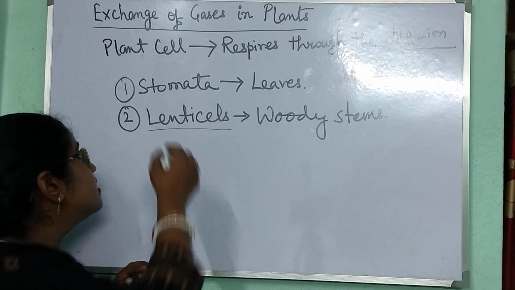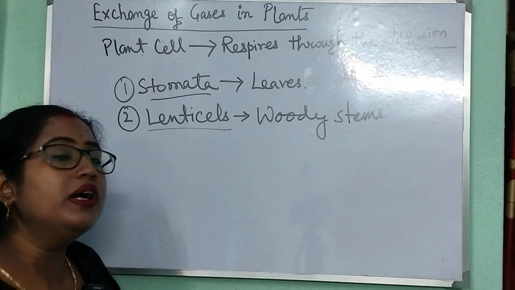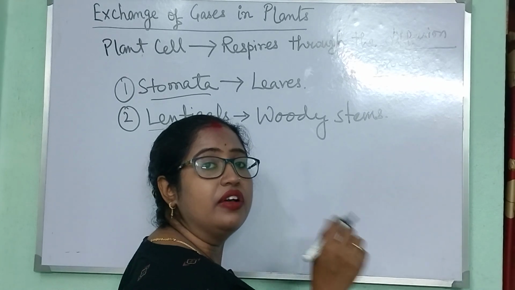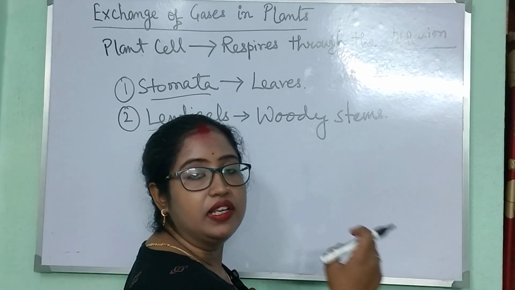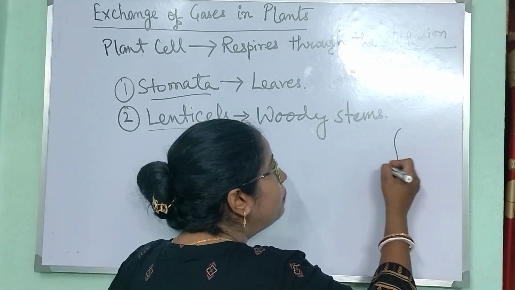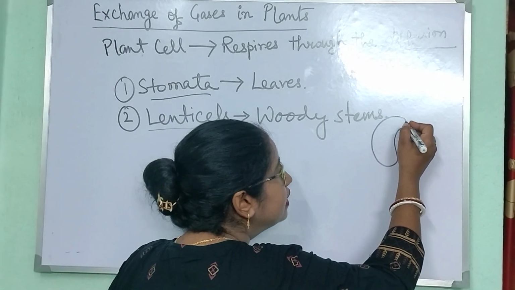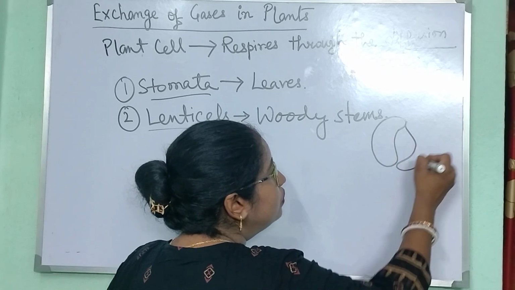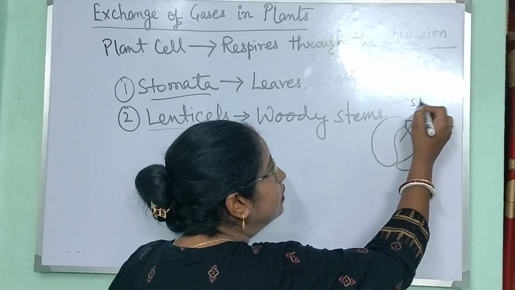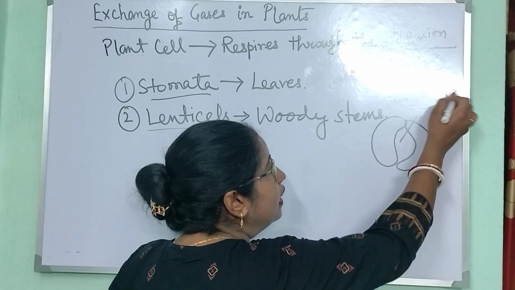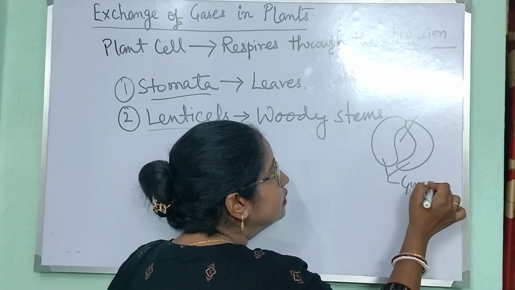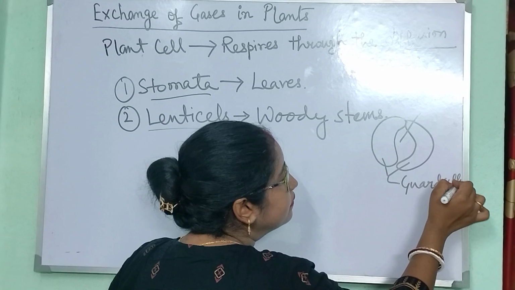Now let us discuss the stomata. Stomata is the opening that present in green areas of plant, like in leaves or in green stem. The stomatal opening is guarded by two guard cells. This is stomata, and these two are guard cells.